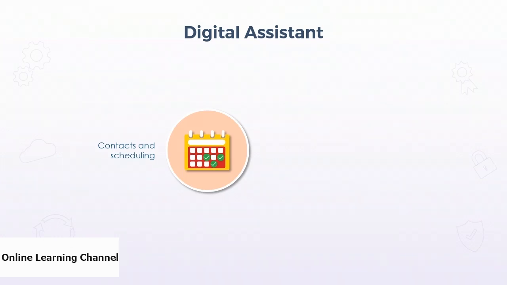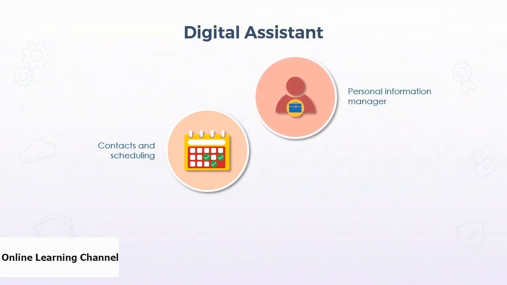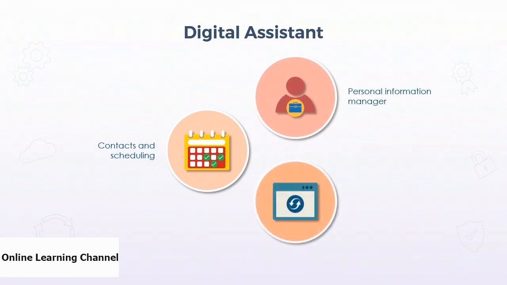In general terms, a digital assistant can provide an end user with access to their contacts and calendars for scheduling. They can provide personal information management services to end users, and can even synchronize with third-party services. Essentially, digital assistants can do almost everything that a human assistant can do.